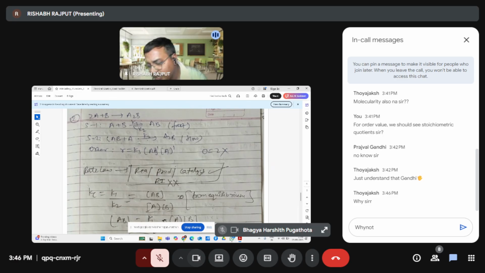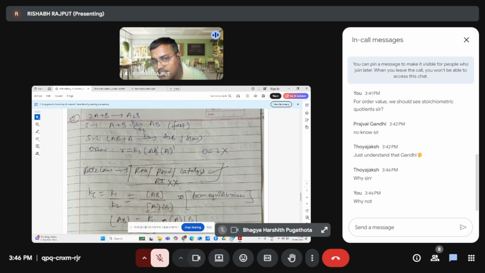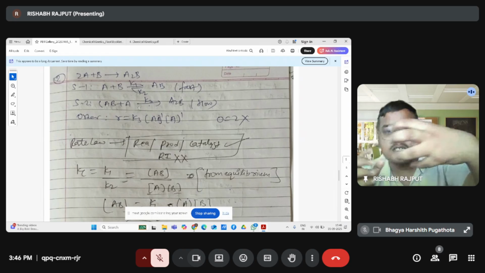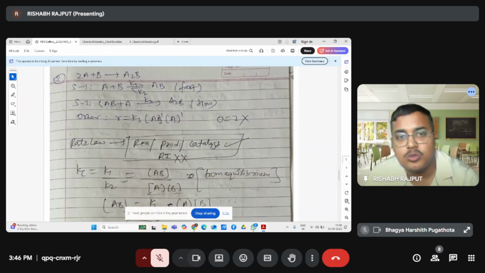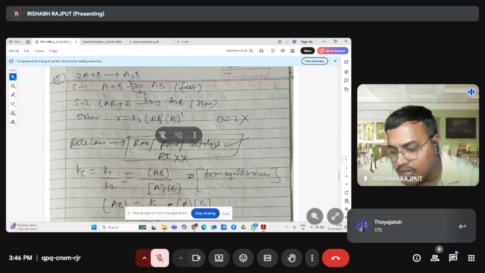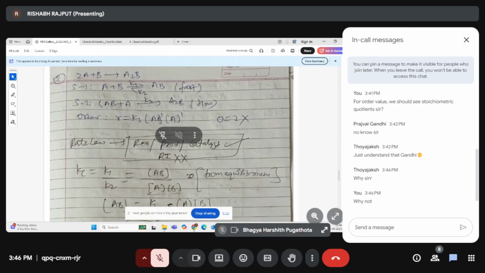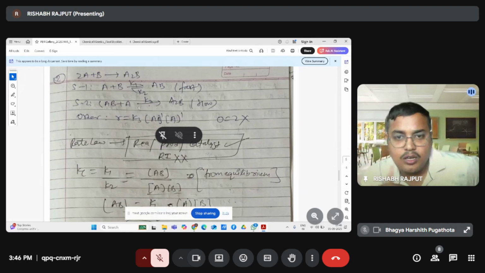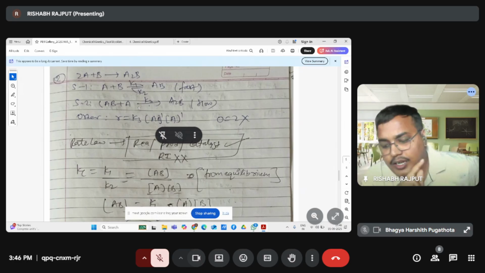The reaction intermediate is formed in between the reaction; it is neither a reactant nor a product. That is why in the rate law we only write reactants, catalysts or products, and we have to remove AB here.